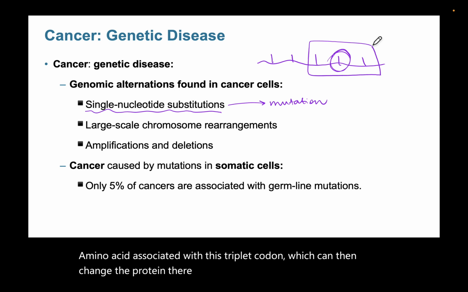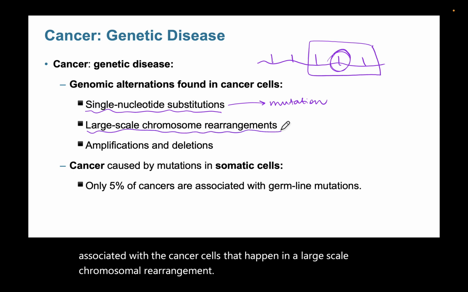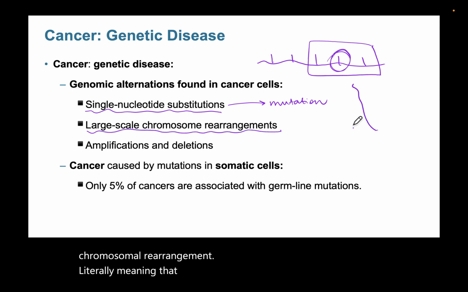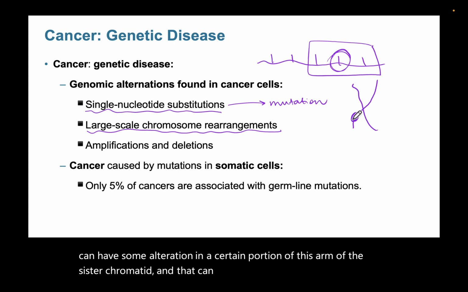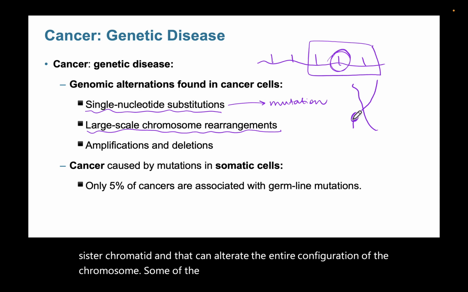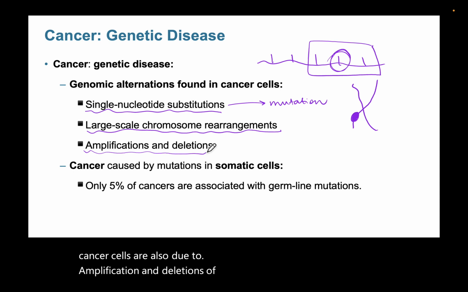There are also genetic alterations associated with cancer cells that happen as large-scale chromosomal rearrangements, literally meaning that the chromosome, which we know has two arms, can have an alteration in a certain portion of an arm of the sister chromatid, and that can alter the entire configuration of the chromosome. Some of the genetic alterations associated with cancer cells are also due to amplification and deletions of genetic sequences.